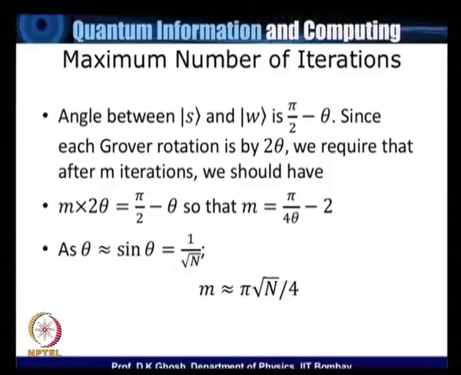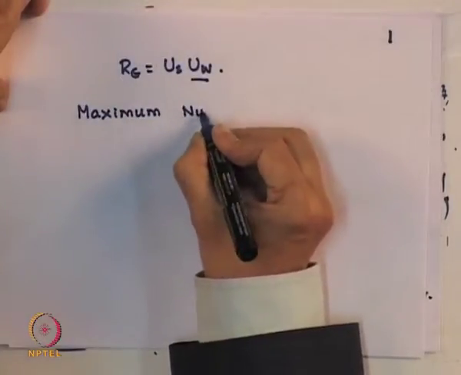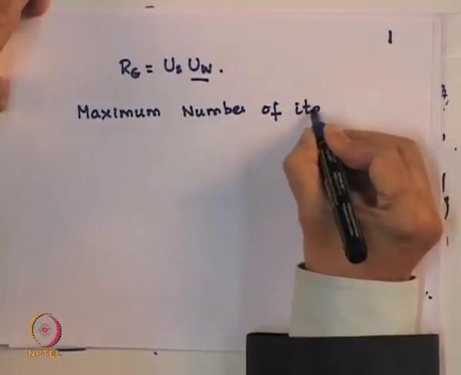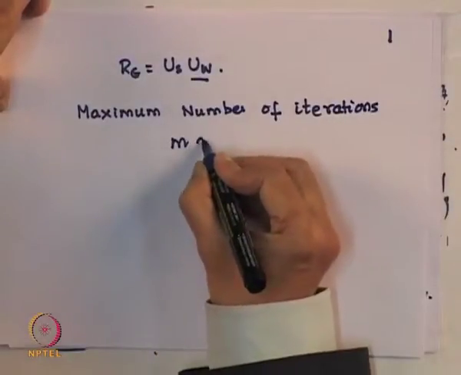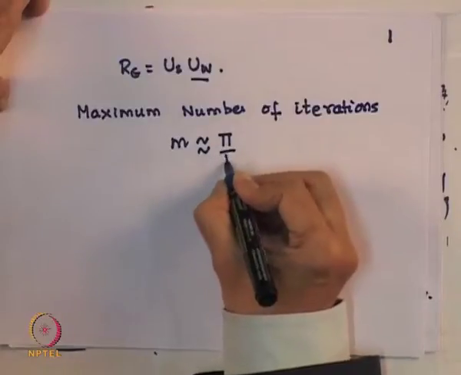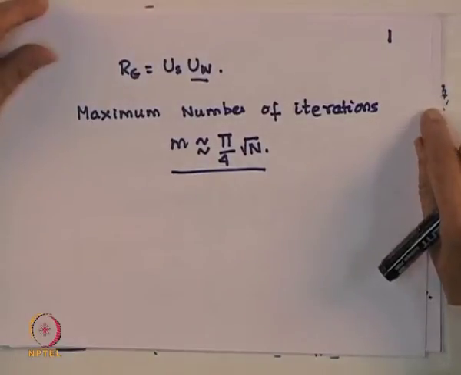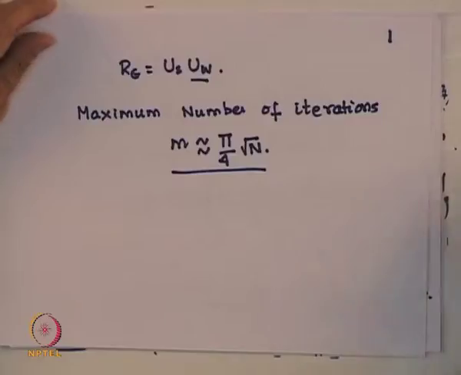The other point that we pointed out is that the maximum number of iterations m is approximately pi by 4 times square root of n, showing that with respect to the classical algorithm, this is speeded up quadratically.